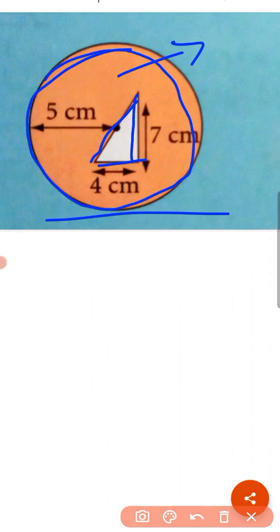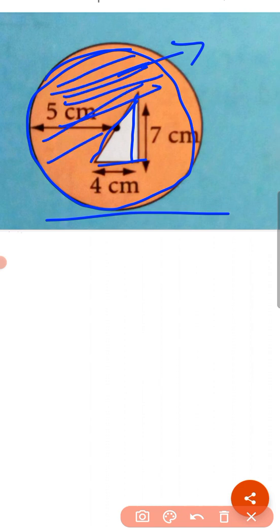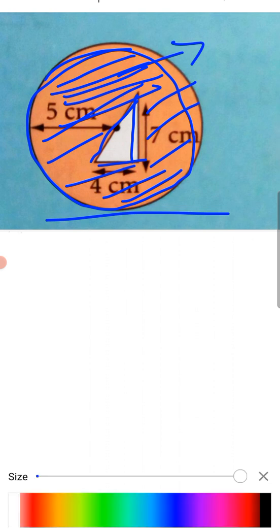Here we are finding the area of this section, that is the shaded region. You should subtract the area of this triangle from the area of this circle.